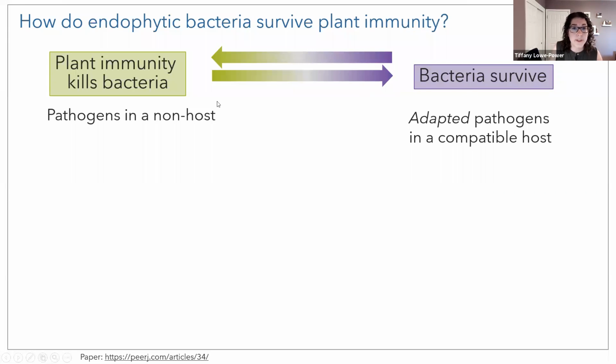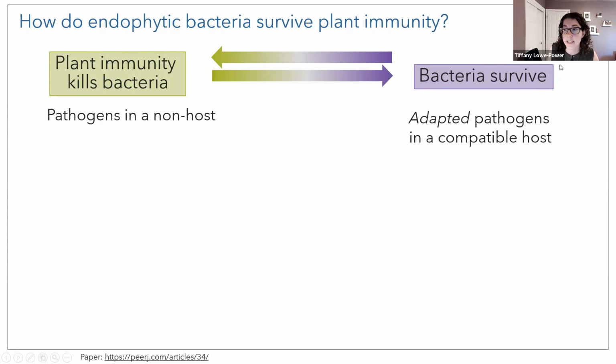And so there are two different directions that this interaction can go. One is that the plant is able to recognize the bacteria and mount a response that kills it off. And this is what we'll see with pathogens in a non-host. They might get in, but then they're not successful.